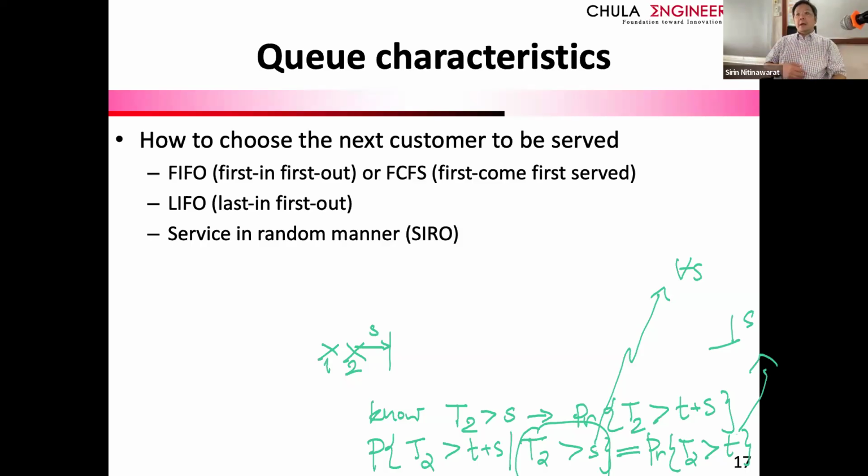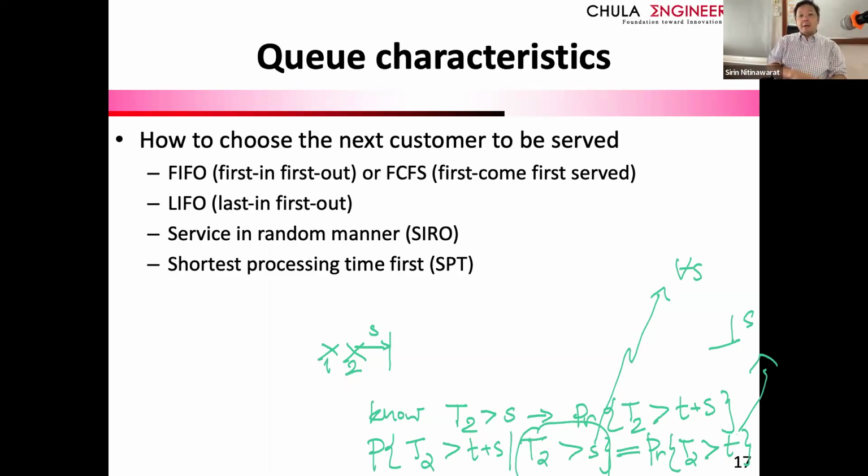Or in some situations, maybe the position in the queue does not matter at all. The server just picks one customer in the queue to serve randomly. Other flavors of the queue require some side information, something like shortest processing time first.